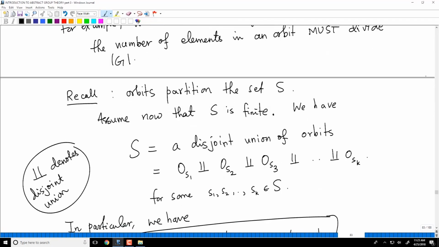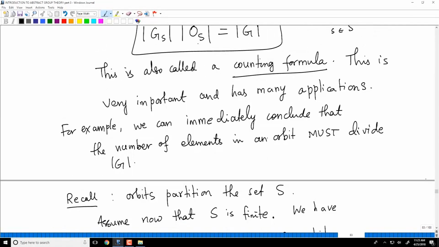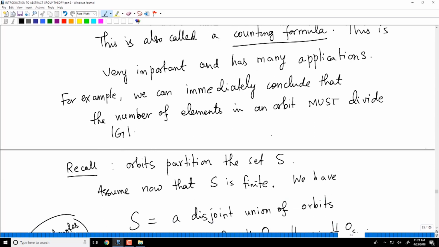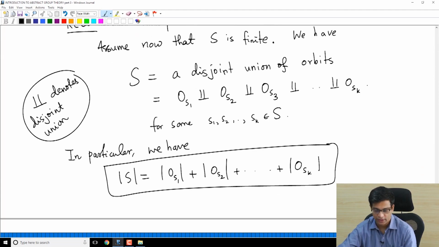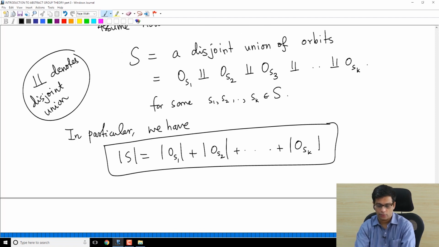This in particular says that the number of elements in an orbit must divide the order of the group. And another way of using the partition of S into orbits is that if S is a finite set, the number of elements of S is equal to the sum of the number of elements in some orbits, and each orbit size divides the order of the group. Let me stop the video here. In subsequent videos, we are going to exploit these counting formulas that we proved in this video. Thank you.